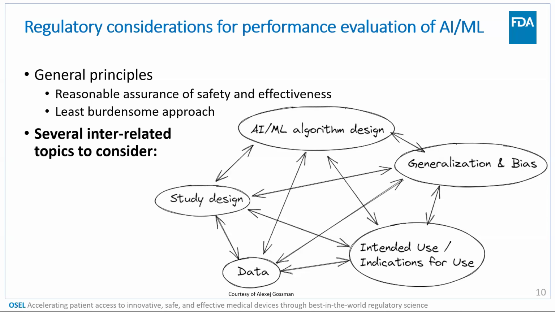There are many different types of intended use for devices, and I'll get into a couple distinctions of that later. And then generalization and bias. So how well does an AI algorithm generalize to other populations or over time, and different types of data and all of that stuff.